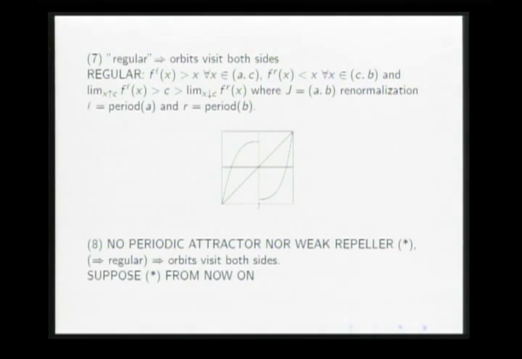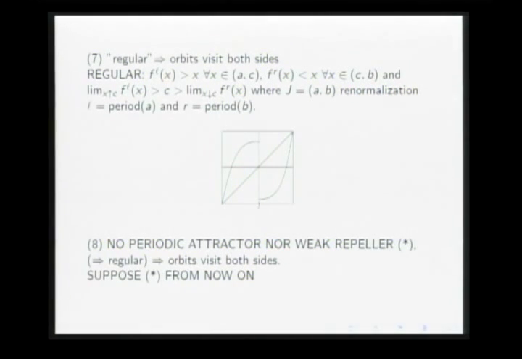It's over here and under here, the diagonal. And under these conditions here, orbits visit both sides. If you take a point here, it will pass in the right and left side of the interval of the critical point.